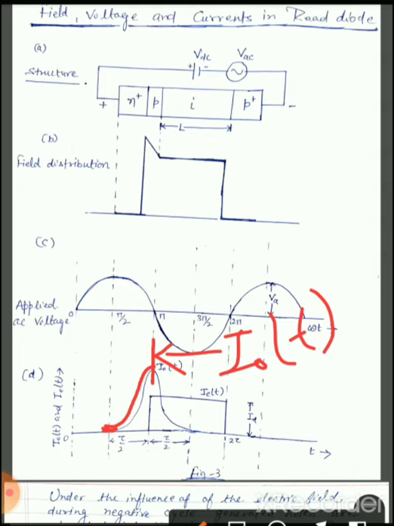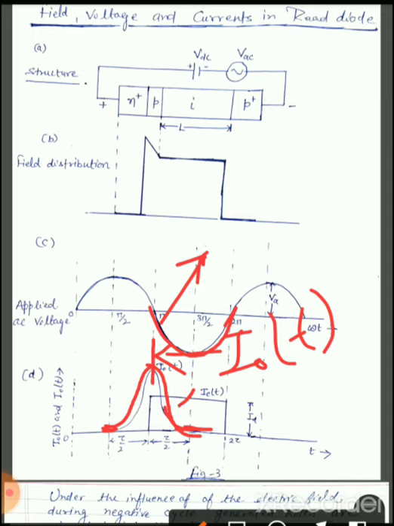During the negative half cycle of the applied AC voltage, the field becomes lower than the breakdown voltage and the carrier current I0(t) decays exponentially with time to a small steady state value.